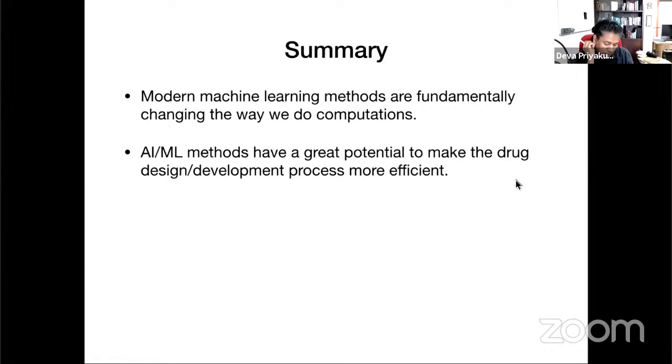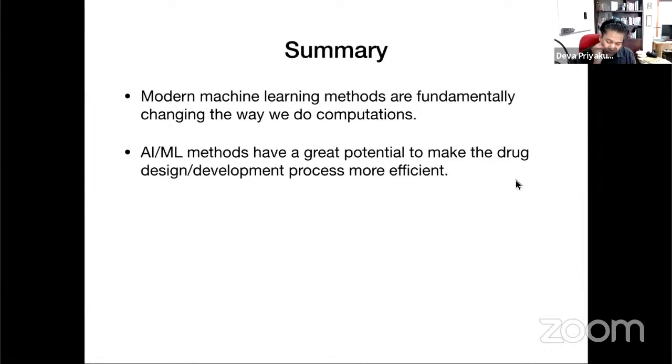modern machine learning methods are fundamentally changing the way we perform computations in drug design. It is like a disruptive technology that has started contributing in different ways to the area of drug design.